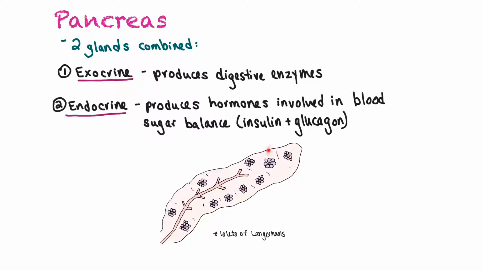The center part is red, and that would be a blood vessel. So all these cells surrounding the blood vessel are producing the hormone, whether it's insulin or glucagon, and then releasing it into the bloodstream in those islets of Langerhans. So they look like little islands in the middle of this pancreatic sea.